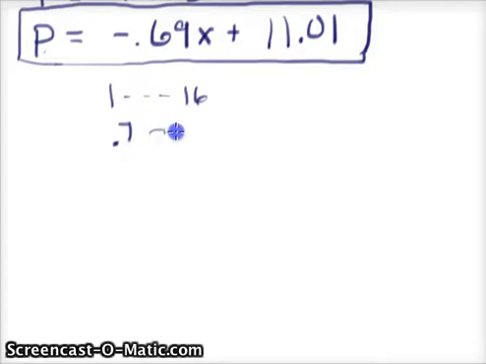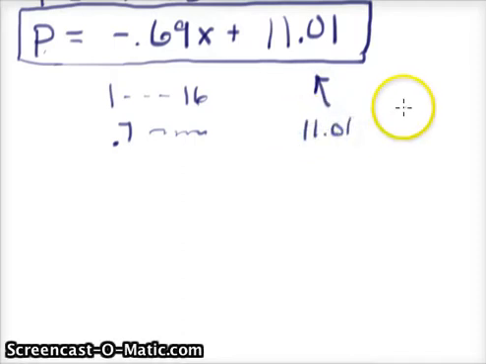So each year represents a decrease, because of the negative sign, of 0.7 on the test. So that's what the 0.69 means. Now the 11.01 means if x was 0, then my score would be 11.01. What does 0 mean? 0 means, in theory, I don't have any education.